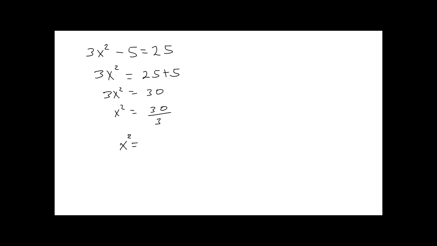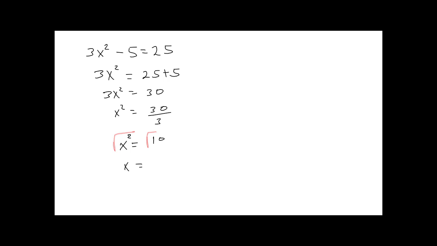x squared is equal to 10. Now, again, to cancel the second power, we're going to use the square root. And the square root of x squared is x.